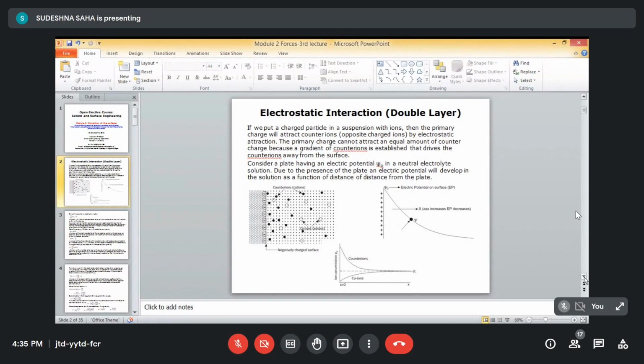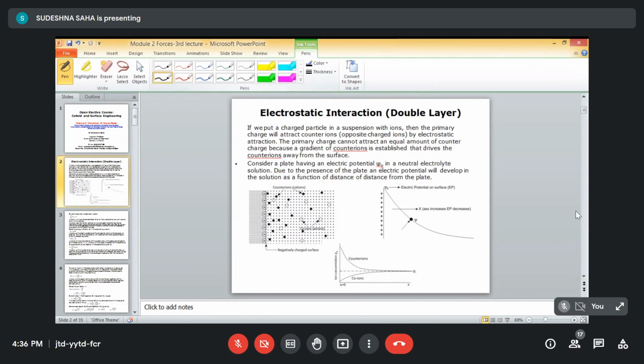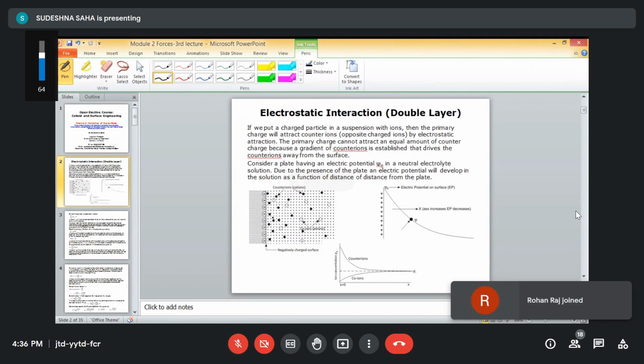suspension with ions, then the primary charge will attract the opposite charge ions by electrostatic attraction, and obviously the counter ions will come closer to the surface of the particle, as well as the co-ions will be a little bit farther from the surface of the particle.